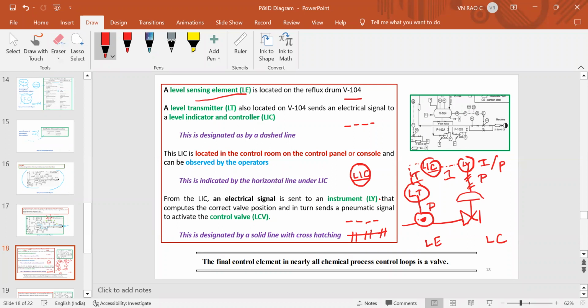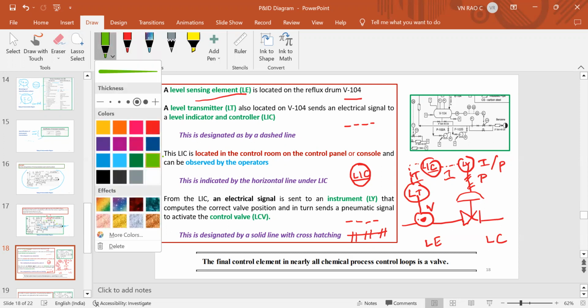So the level sensing element sends the information. For our easy sake, this can also be a current signal or a voltage which can be sent here. Ultimately, this whole thing looks like a loop.